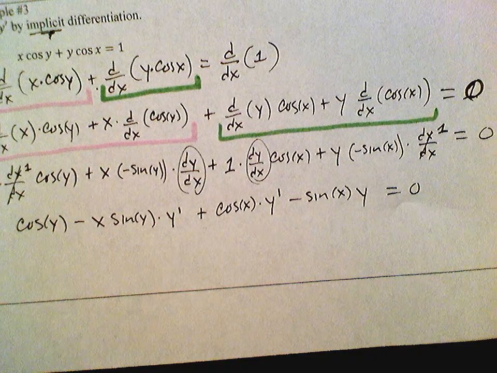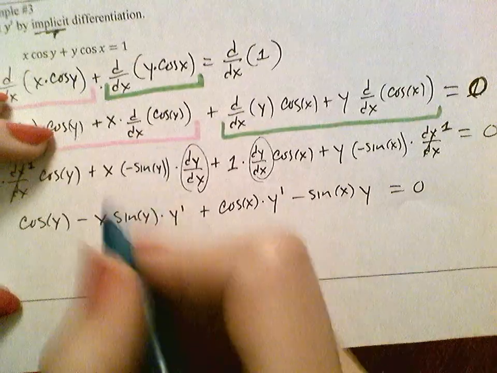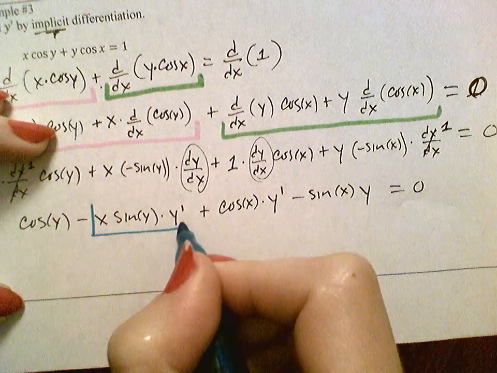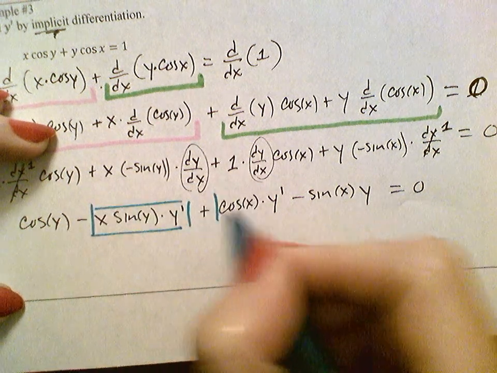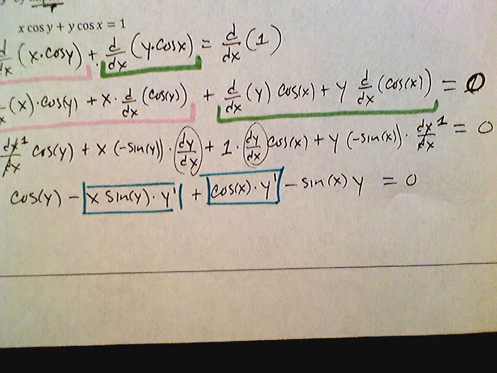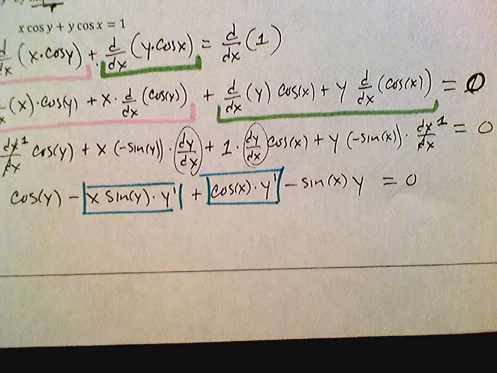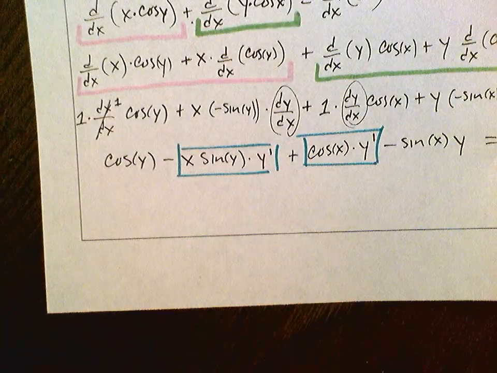Okay, now I've got to get the y prime terms by themselves so that I can factor out a y prime. This is called separating the variables. So I've got to separate the y prime terms from the other terms. So there's the y prime terms.